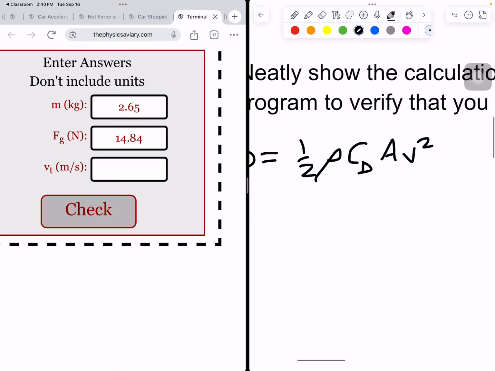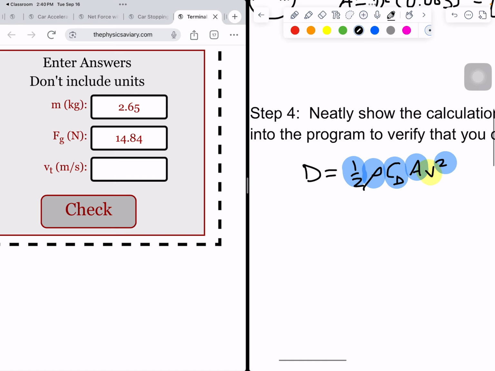Okay, and I want to solve this equation for V, which means I need to get rid of 1/2 rho CD A. So I think the first thing I'll do is multiply by 2 to get rid of the fraction, and I have 2D equals rho times the drag coefficient times A times V squared.